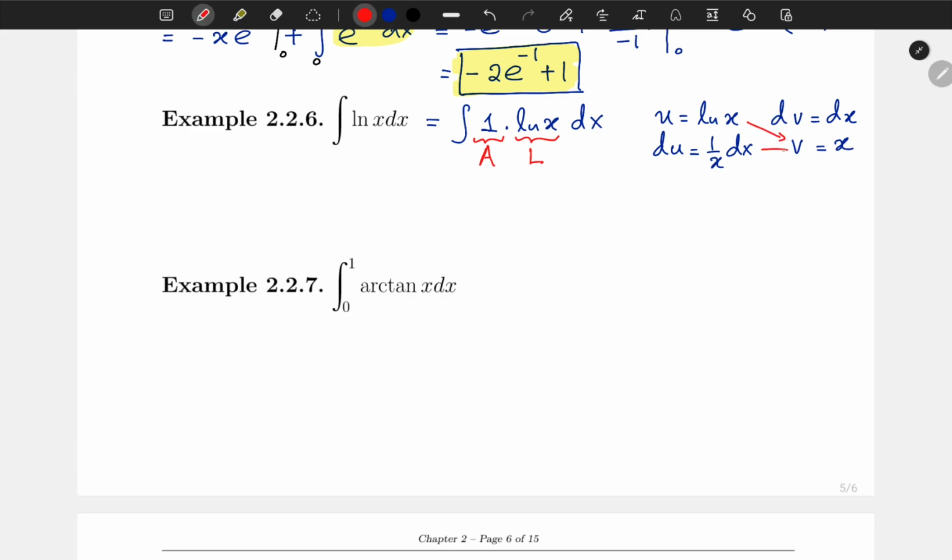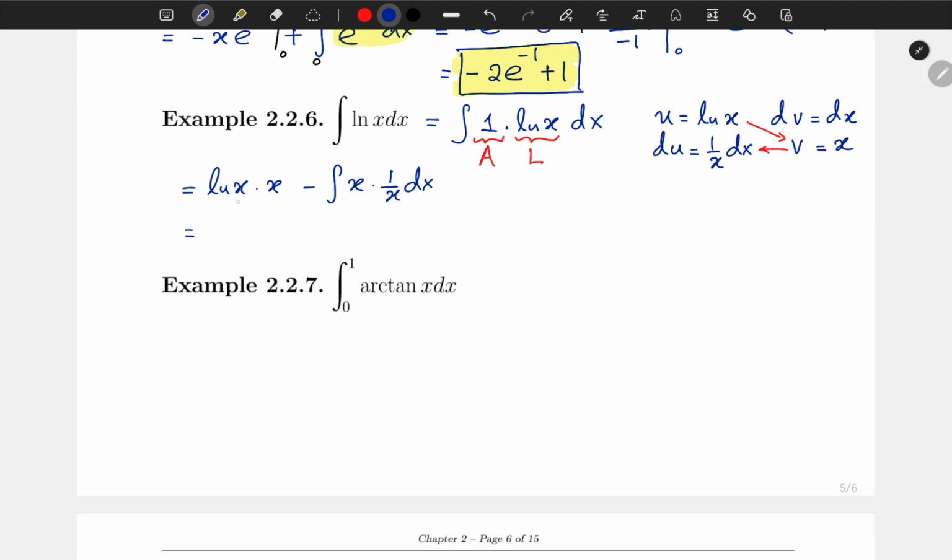To apply integration by parts, you cross multiply like that. So the integral is uv, ln x times x, minus the integral of v du.